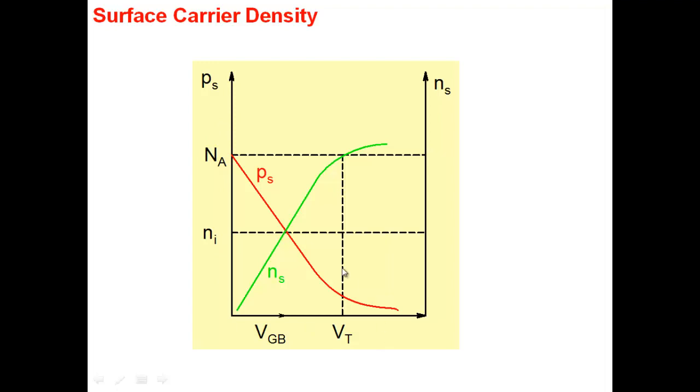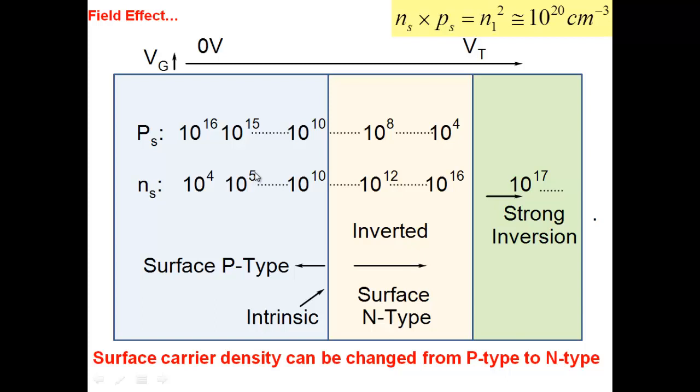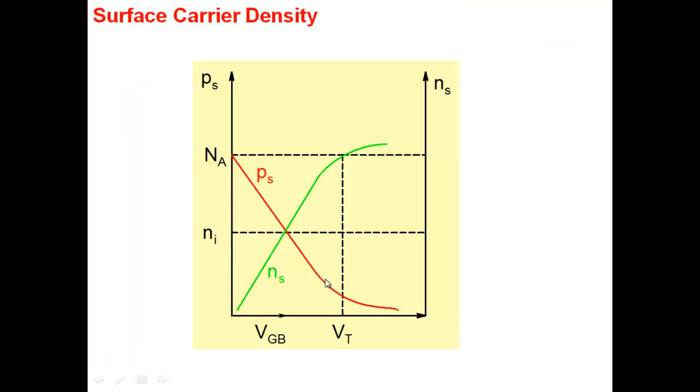So what you're able to do is change the hole density. As you can see from the previous diagram, the hole density is really changing from 10 to the power 16 to 10 to the power 4. You can see it's 12 orders of magnitude here. So this is all an exponential decrease here. And similarly, the electron density is increasing exponentially with the gate voltage here.